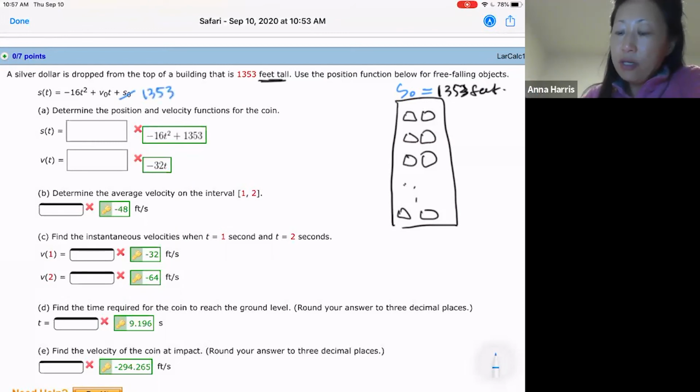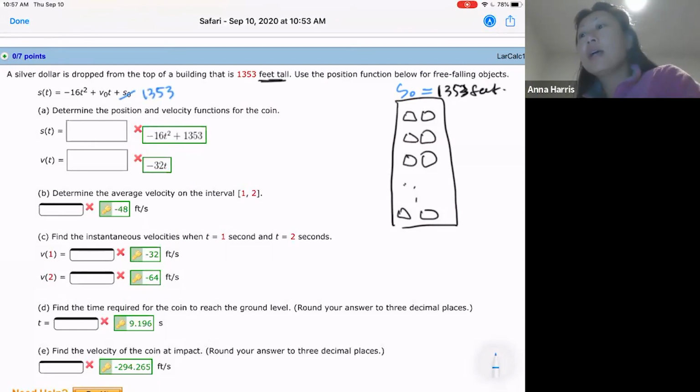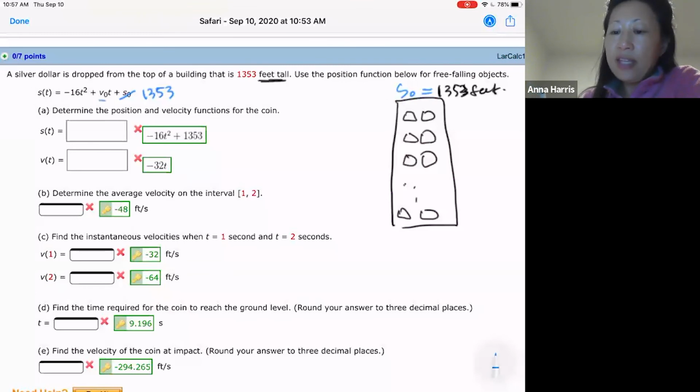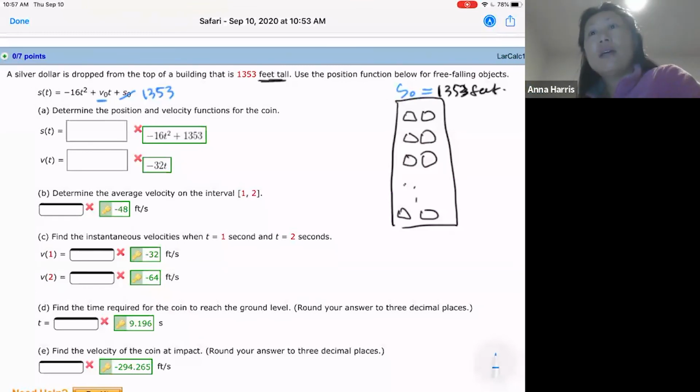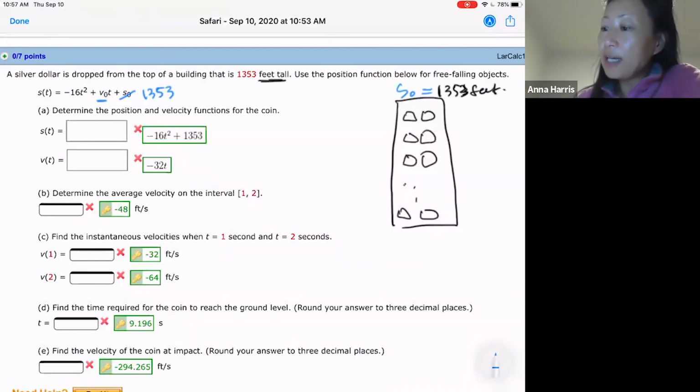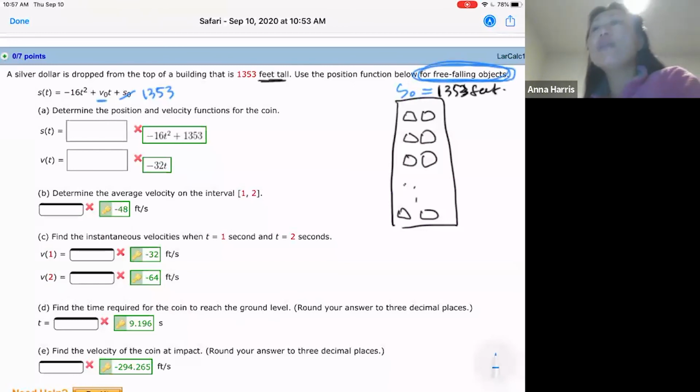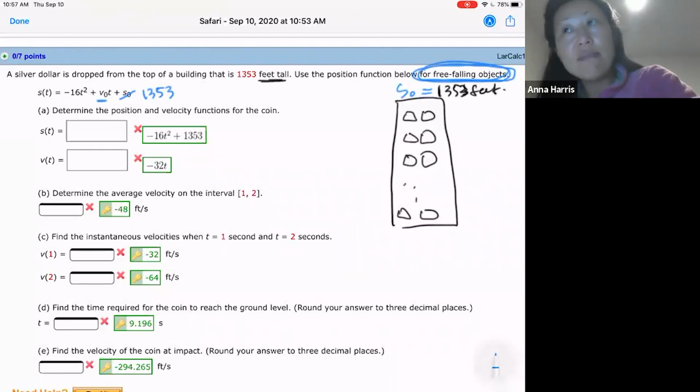Does somebody have a question for me? Next one. I have to figure out what my V0 is. It says use the position function below for free falling. This is another important part. If it says free falling, it means you do not have any initial velocity.